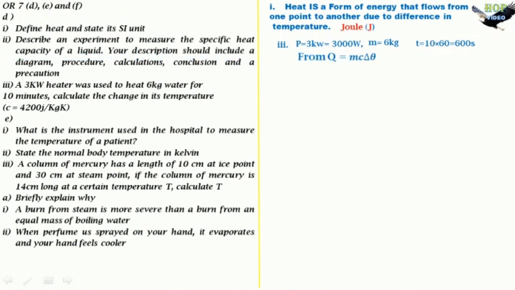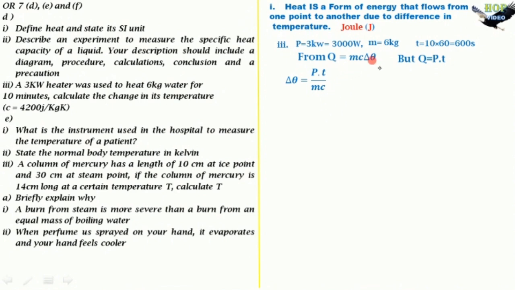Now, from the equation, Q equals m c theta, where this is quantity of heat absorbed, mass, specific heat capacity, and temperature change. But since we are looking for temperature change, and since the heat supply is done by a power supply during a time t, energy is equal to power times time.